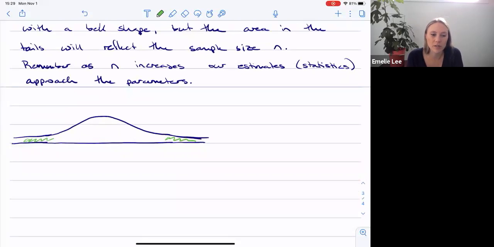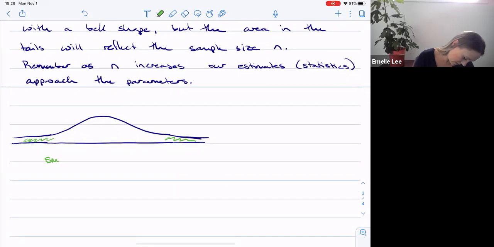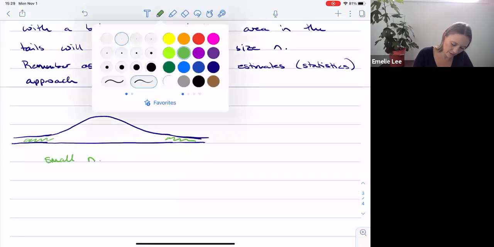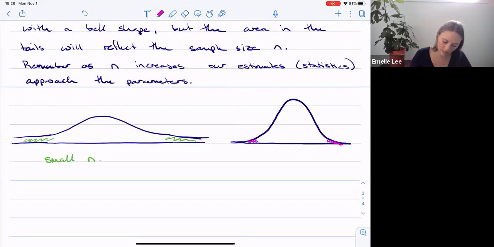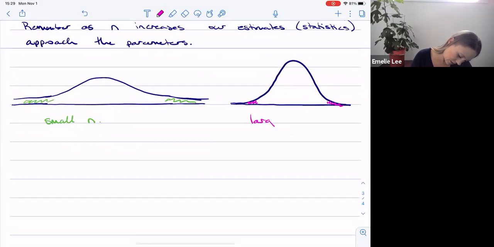So this would be for a small sample size, small n. Whereas if I have something that looks kind of like this, notice that there's very little area here in the tails. So this is going to be for large n.